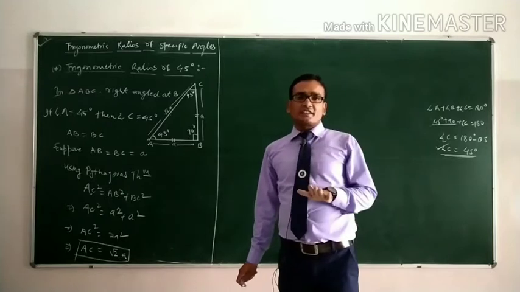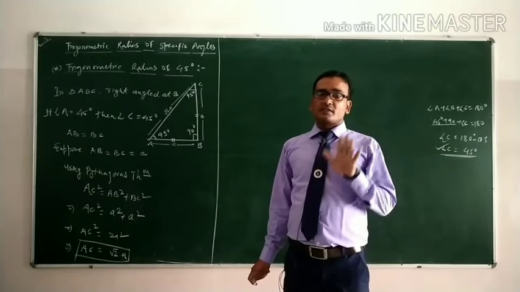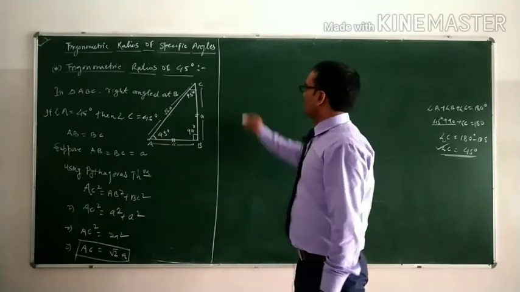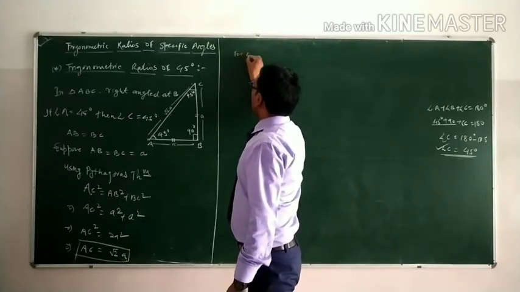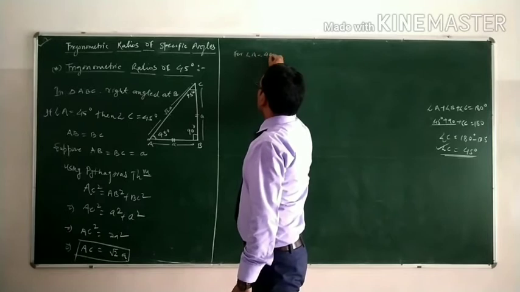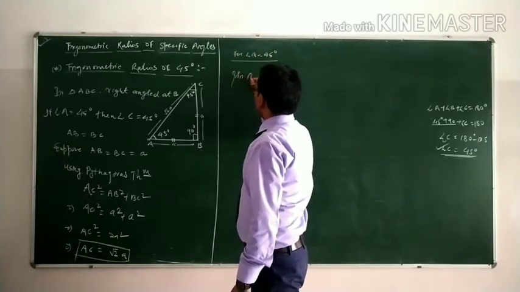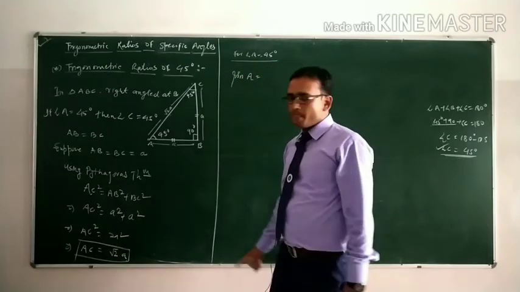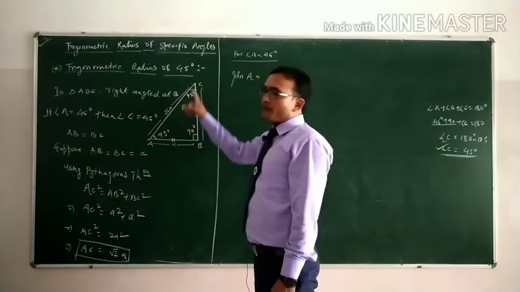Our next target is to find sine 45 degree, sine for the angle A. That means for angle A, sine A equal to perpendicular upon hypotenuse.